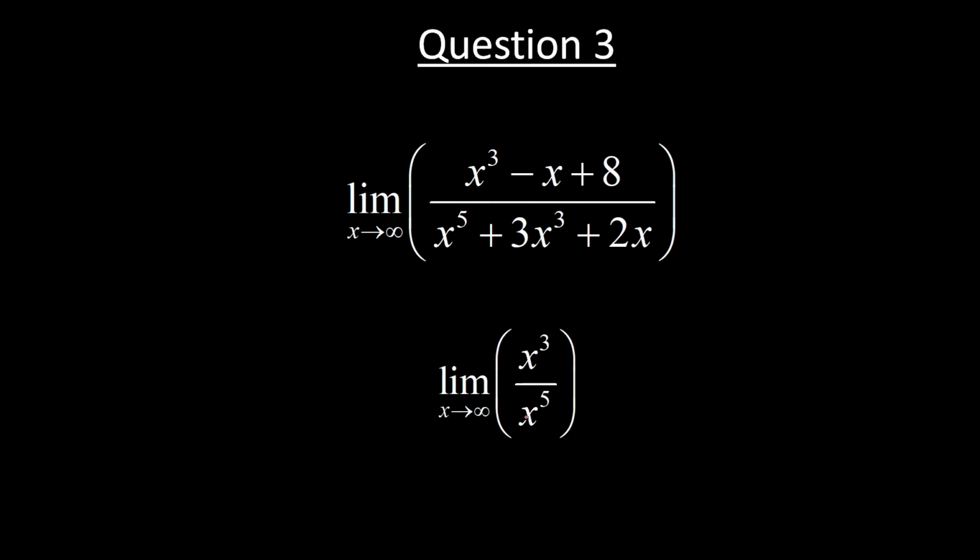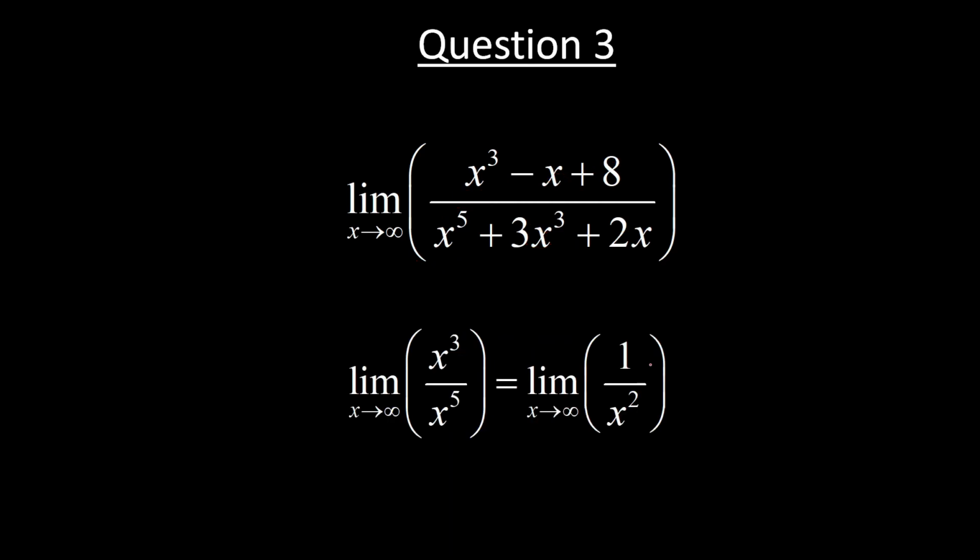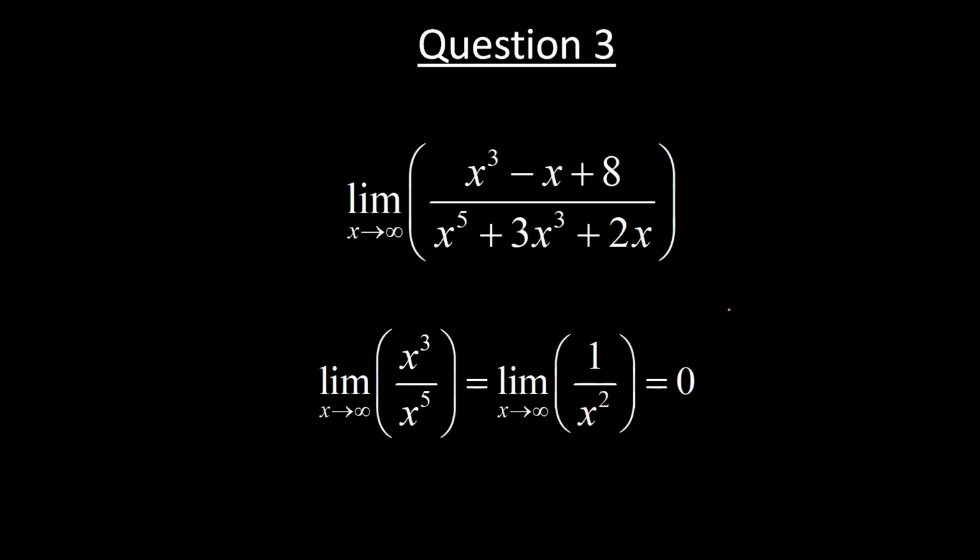So we'll choose the dominant term. The dominant term in the numerator is x cubed. The denominator is x to the 5th. Get rid of everything else. x cubed divided by x to the 5th simplifies to 1 over x squared. And here we have this again. We have a limit that's like 1 over infinity, and 1 over infinity is something that's going to 0.